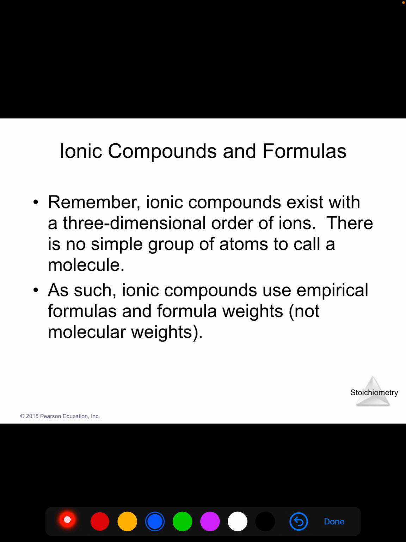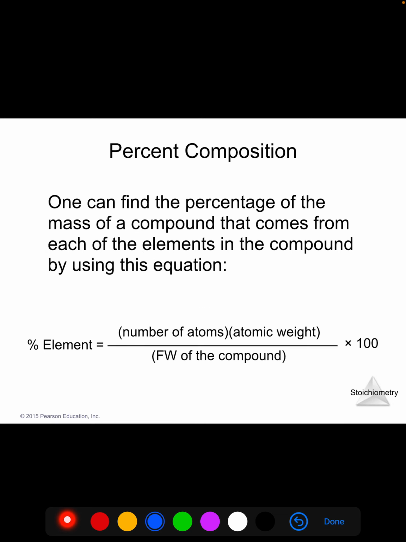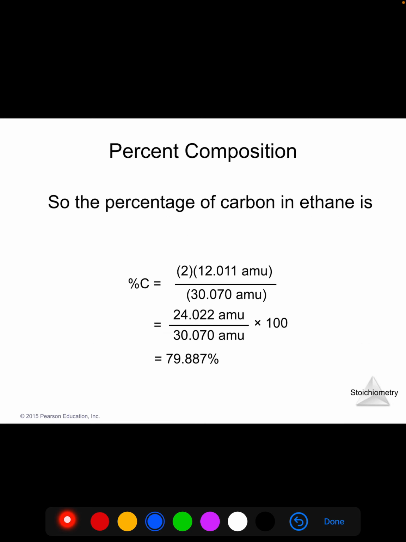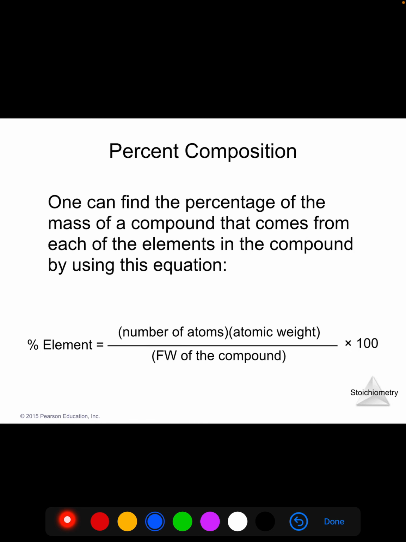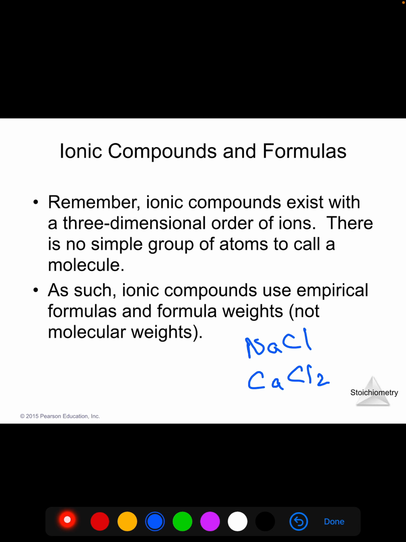They tend together. So we use the simplest whole number ratio of atoms, like 1 sodium to 1 chloride in sodium chloride, or 1 calcium to 2 chlorides in calcium chloride, etc. But before I do composition, I'll come back to this.